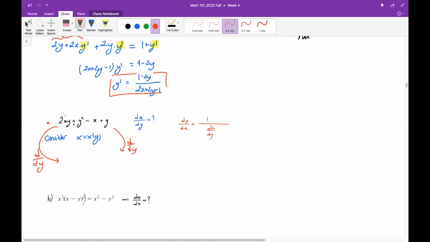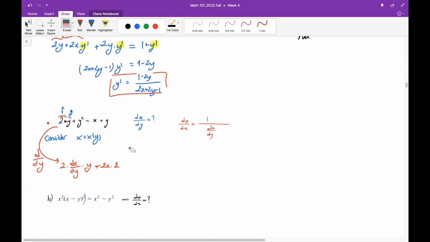This is still a product, where the first function f is 2x and the second function is just y. Apply the product rule: the derivative of the first function is 2 times dx over dy, times the second function, plus 2x stays times the derivative of the second function with respect to y.